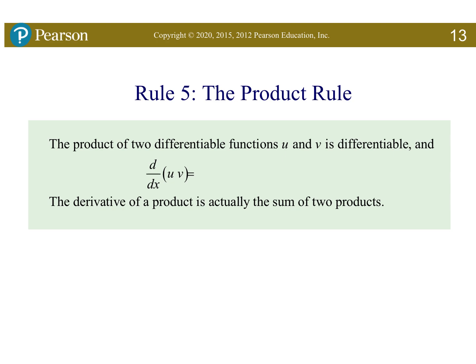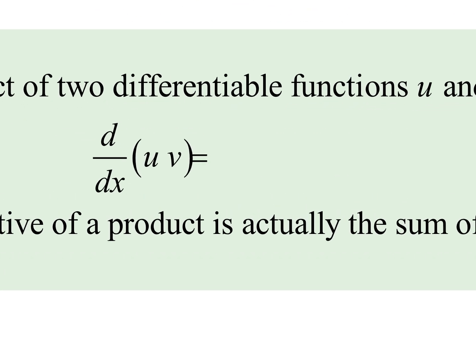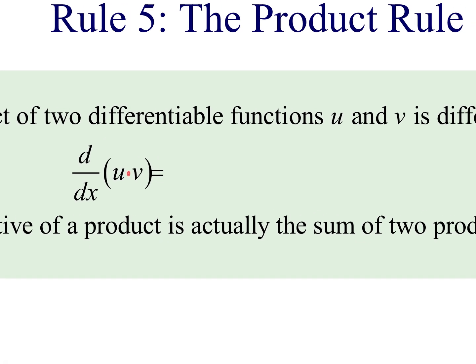Rule 5 is that you need something special for multiplication. Multiplication turns into addition. And it's a special kind of addition, and this is how it goes. You start with v. The last shall be first, okay?